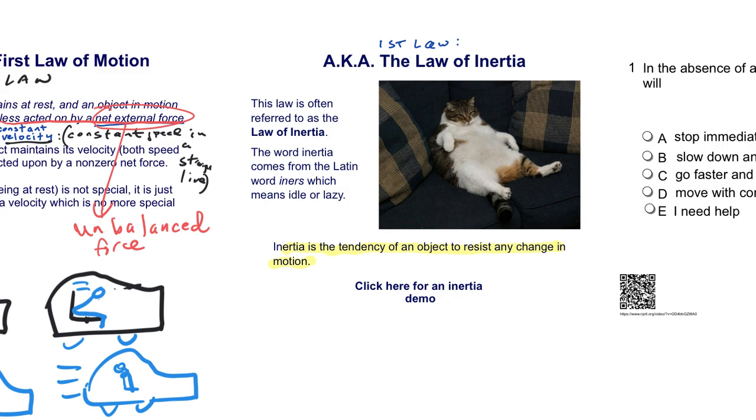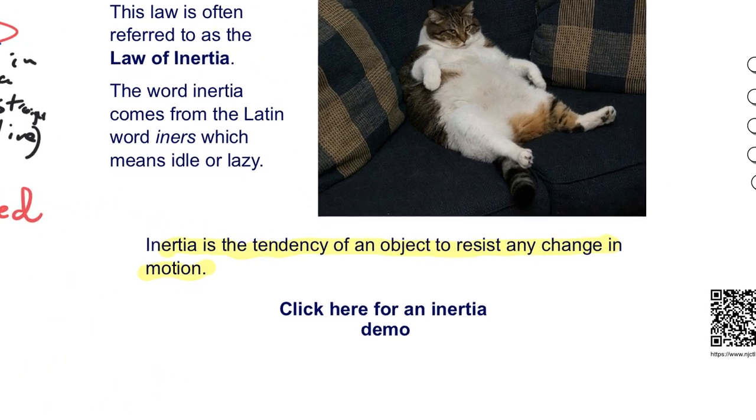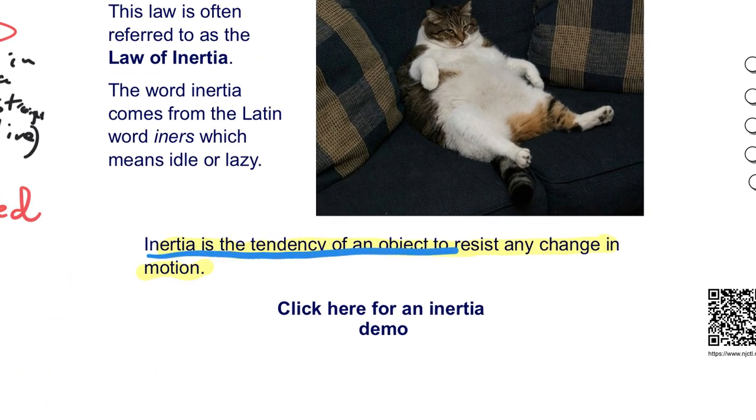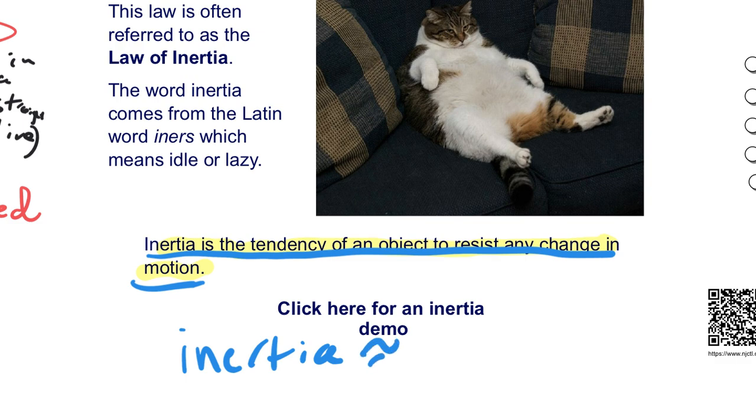Now, this first law is called the law of inertia. And by definition, inertia is the tendency of an object to resist a change in its state of motion, either its motion or its state of rest. Inertia is similar to the word we have for mass.